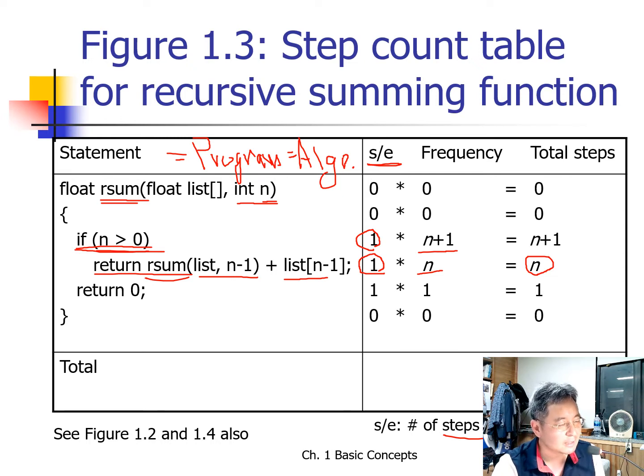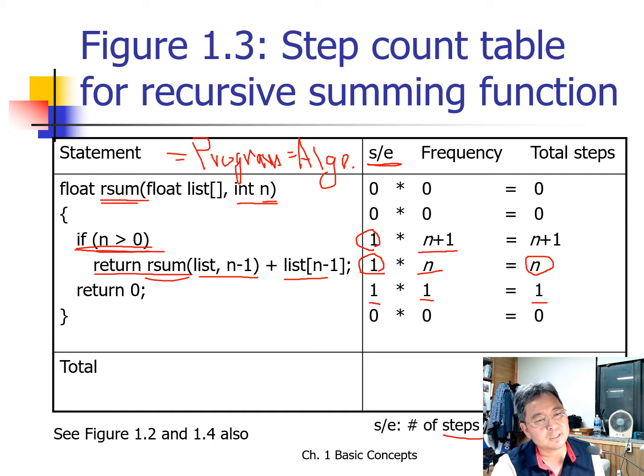And the next line, return 0, will be executed in one step, and it is executed only one time in the whole program. So that is 1. And this brace has no steps per execution, so 0 times 0 equals 0.